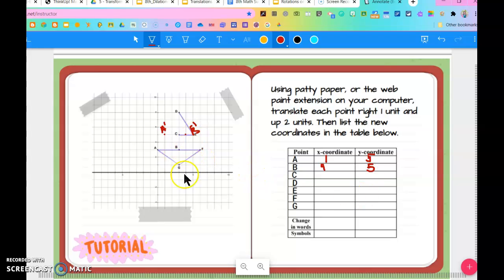And then my C coordinate started at 3, 5, and I'm going to take it 1 to the right and 2 up. And my C prime is going to be up here, and its new coordinates are 4, 7.